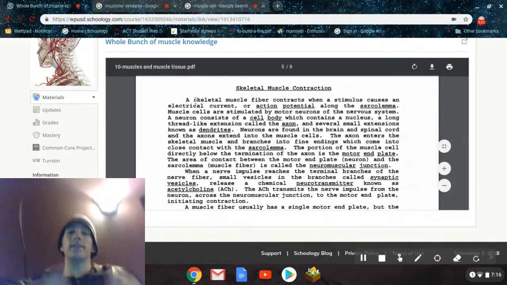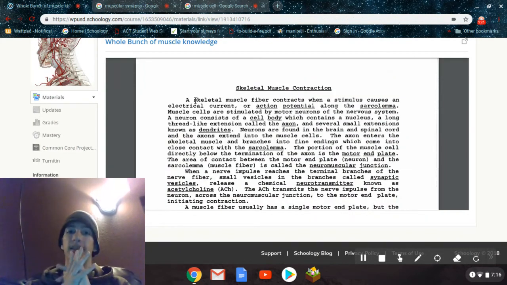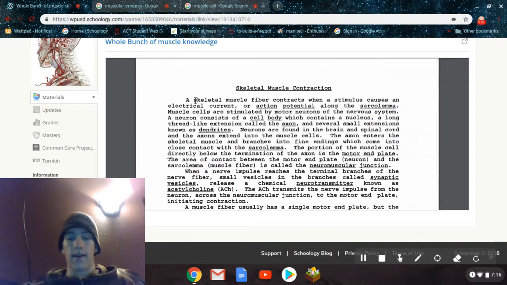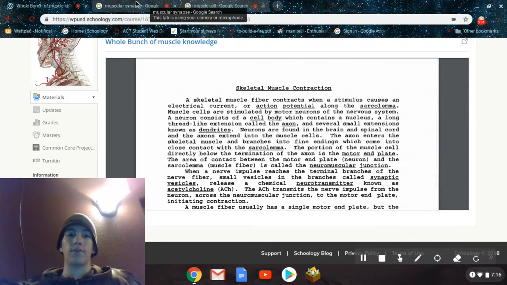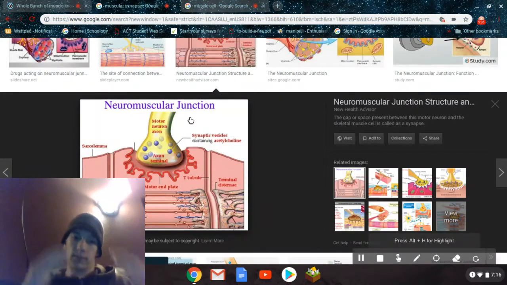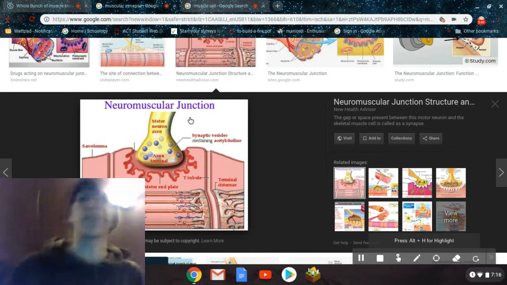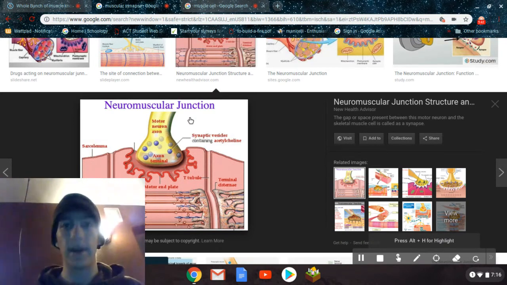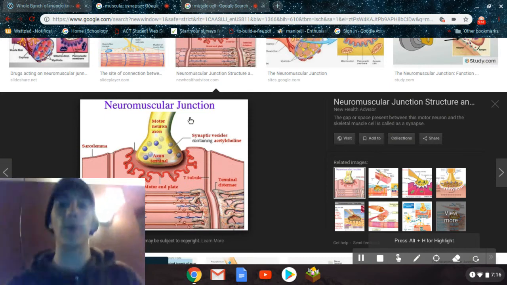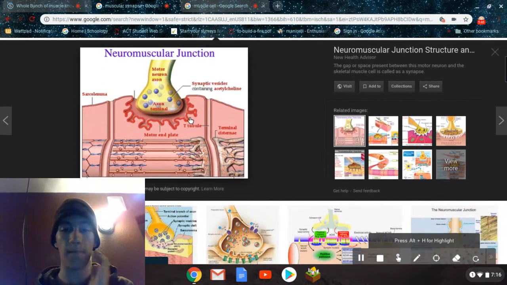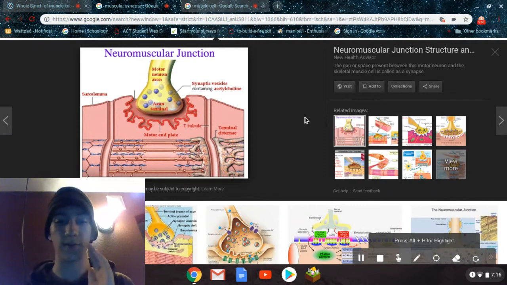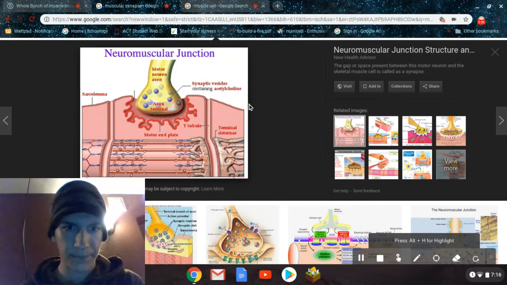So yeah, let's start with skeletal muscle contraction because that's the hardest, and therefore after we get through that, it'll be easier. Let's start at the neuromuscular junction, or the NMJ, as it may be referred to on your test.